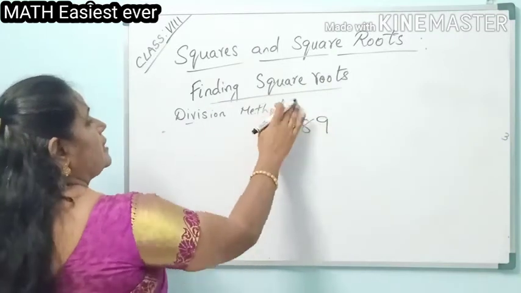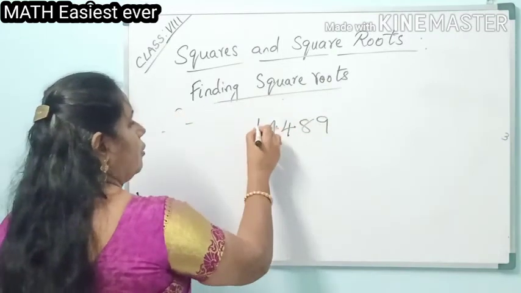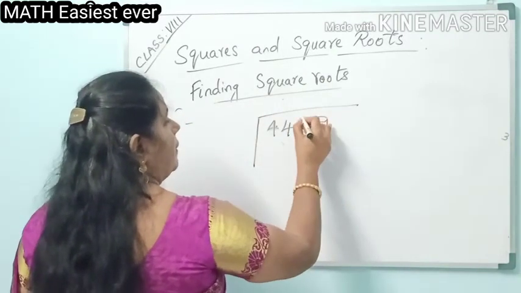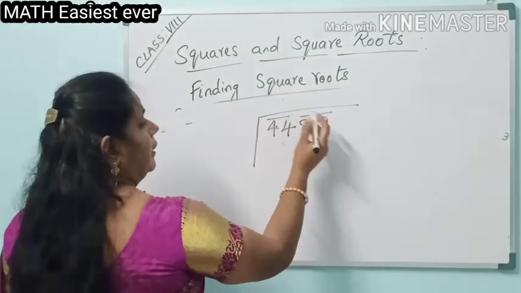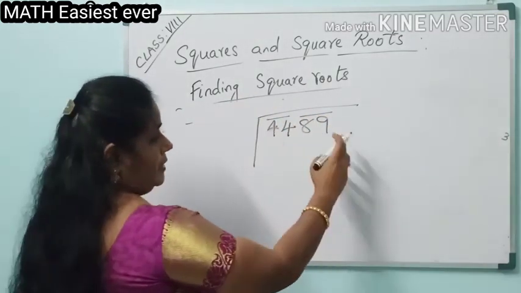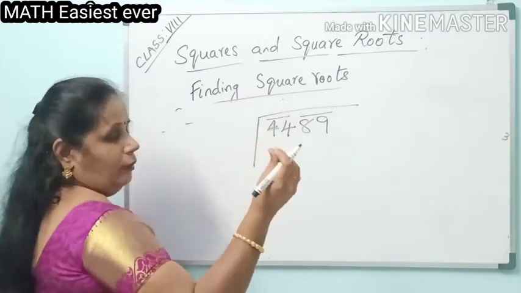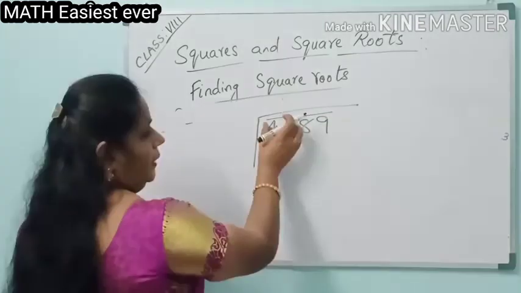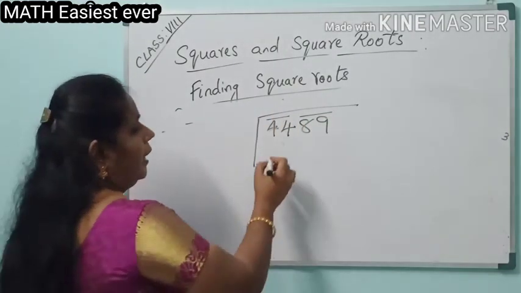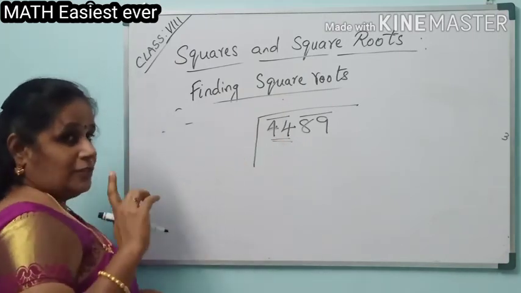So what is the first step I said? Your first job is pairing. Start from the ones place, place a bar over 2 digits and then place a bar over the next 2 digits. Now take the 44. What is your next step?